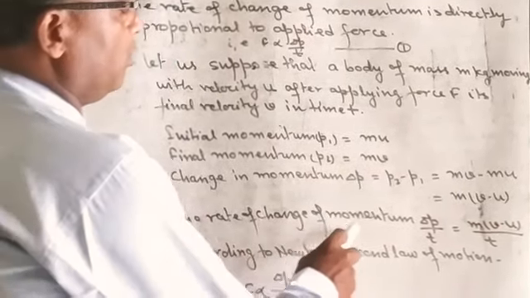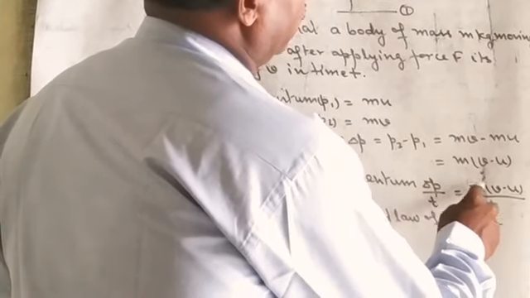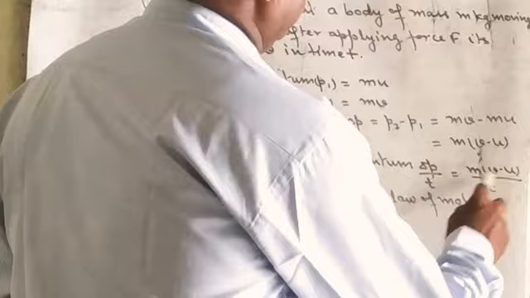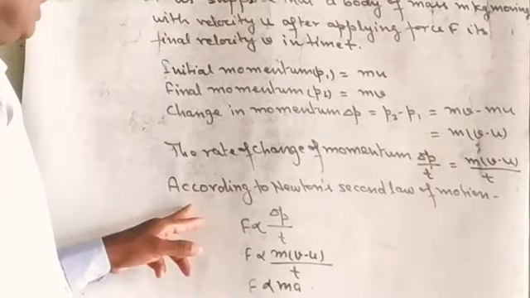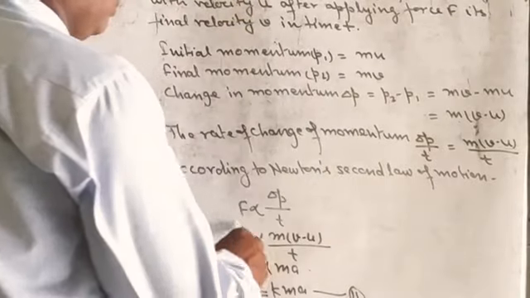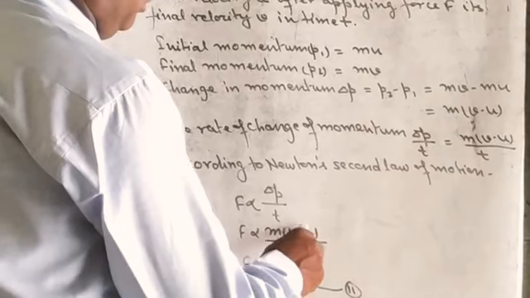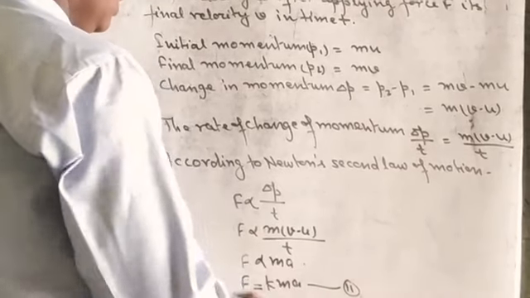The rate of change of momentum, delta P by delta t, is m into v minus u, divided by t. According to Newton's second law of motion, F is proportional to delta P by t, so F is proportional to m into v minus u by t.